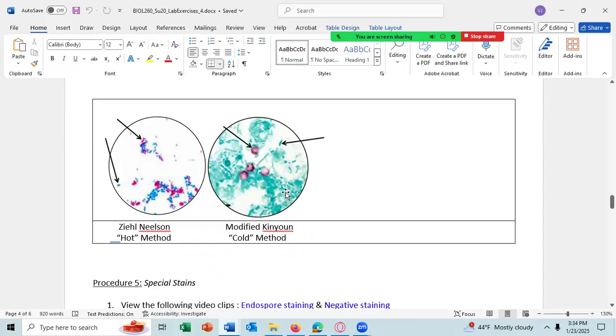And then state on the second picture, the first arrow on the left. So this one you could say either the left or the right, or you could say the top or the bottom. On this one, say the arrow on the left and then the arrow on the right. State whether it's acid-fast positive or acid-fast negative. So you should have 4 answers for this picture.